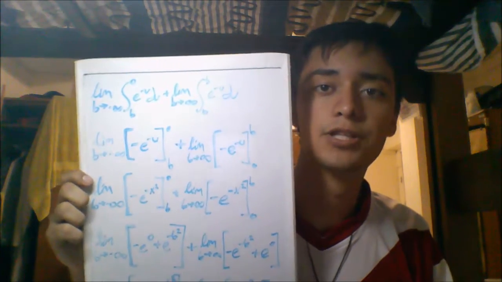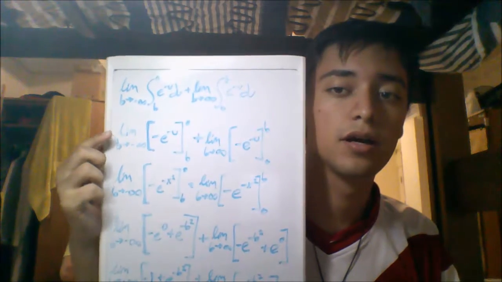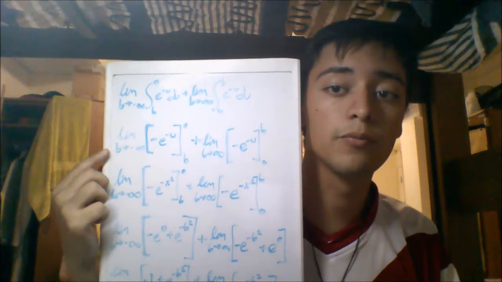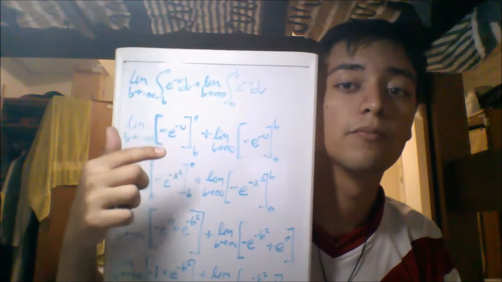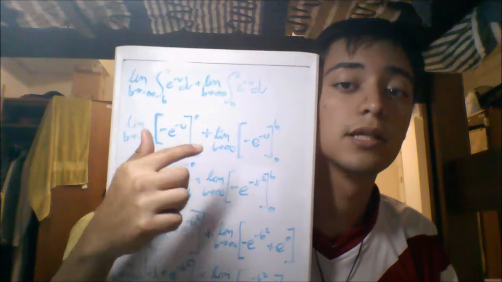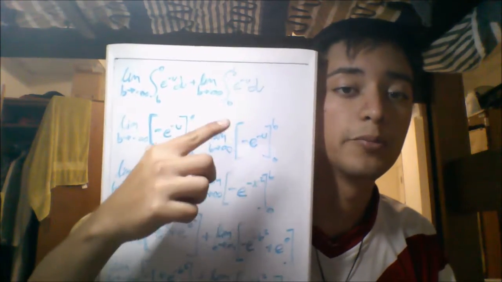Now when we integrate, we end up having the limit as b approaches negative infinity of negative e to the negative u from b to 0, plus the limit as b approaches infinity of negative e to the negative u from 0 to b.